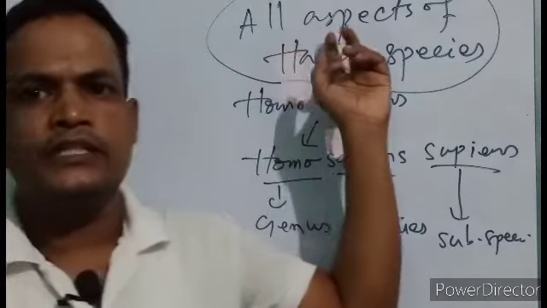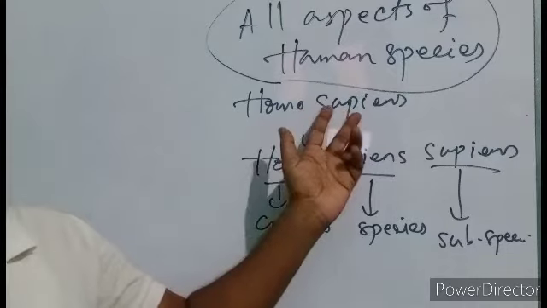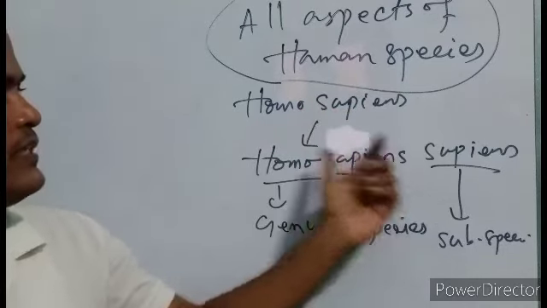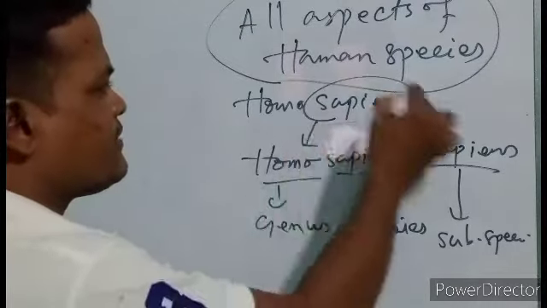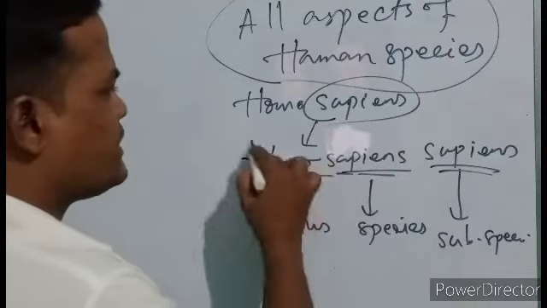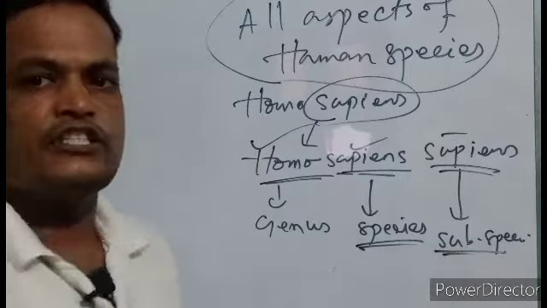So anthropology focuses on all aspects of the human species, that is Homo sapiens. The human species is Homo sapiens sapiens. Homo is the genus, sapiens is the species and subspecies.